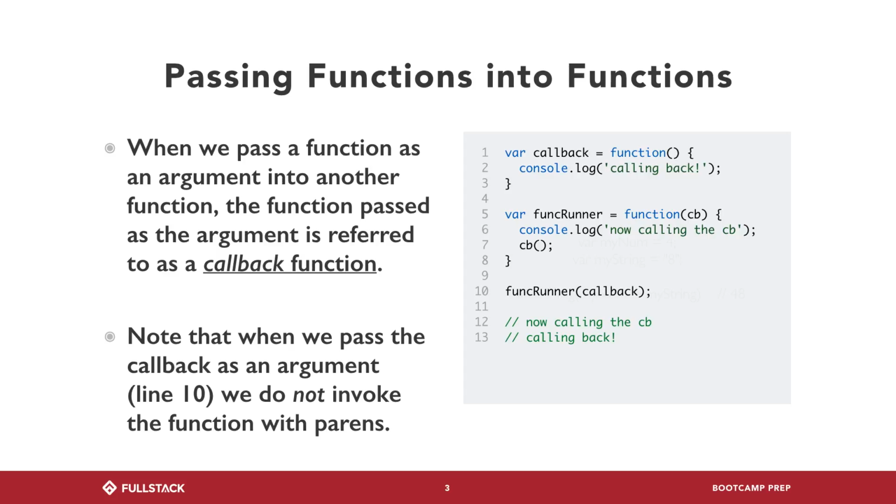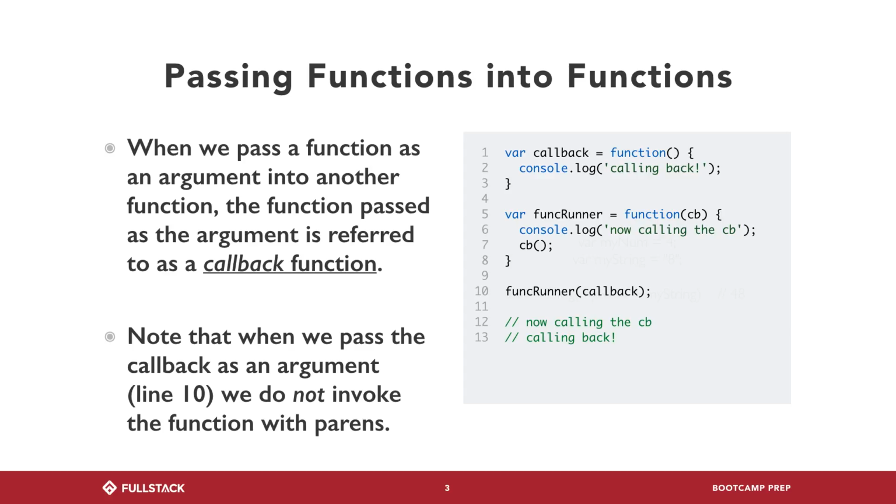The callback function is very simple, it just logs a string. FuncRunner also logs out a string, but it also takes in the function that's being passed to it, and on line 7 it invokes it. It actually runs the function that you give it. So this is a function that runs a function.